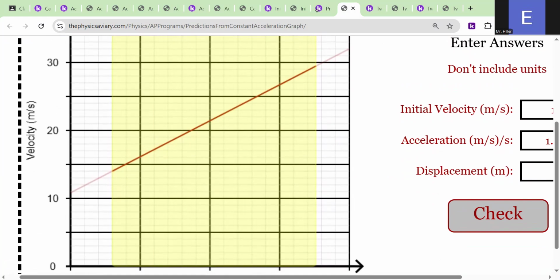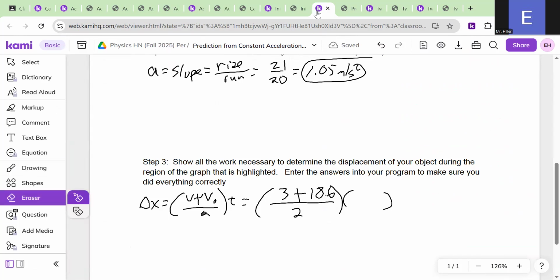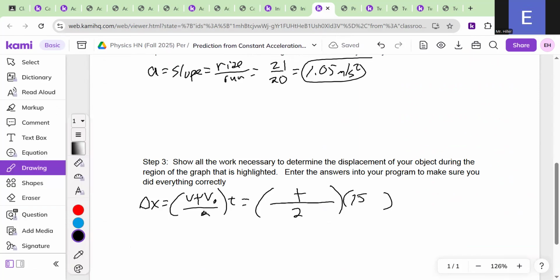Those are the times. So 18.6 minus 3, that's my time interval. So that's 15.6. I'm glad I caught that mistake. 15.6 is my shaded time interval, and I just got that by subtracting 3 from 18.6.